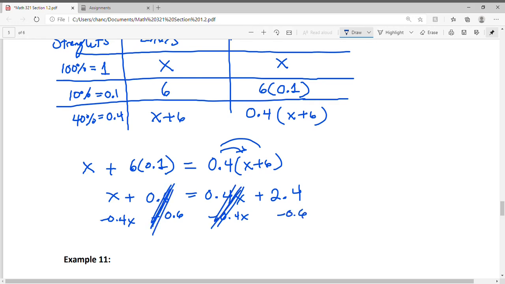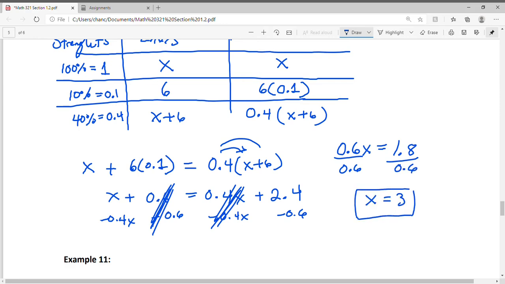These two cancel out. I get 0.6x equals 1.8. Let's divide both sides by 0.6. That gives me 3. So I know that I need 3 liters of 100% antifreeze to get that 40% mixture that I want.